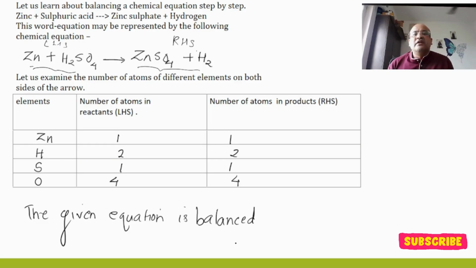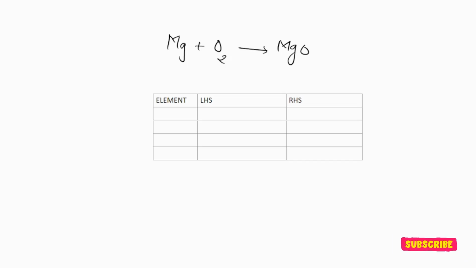Now let us see a few more examples. Now let us take another example of balancing a given chemical equation. Let us take the example of magnesium reacts with oxygen to give magnesium oxide.